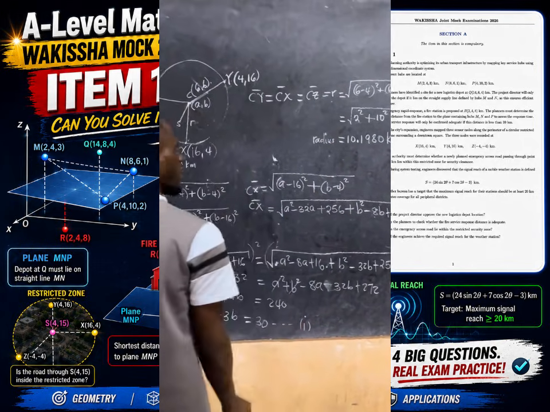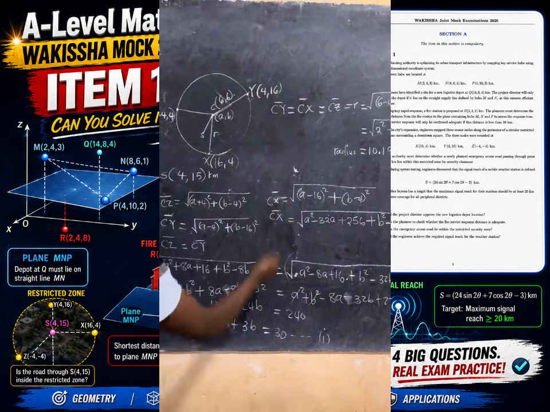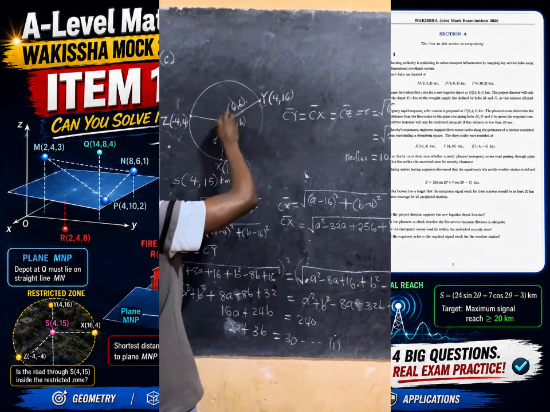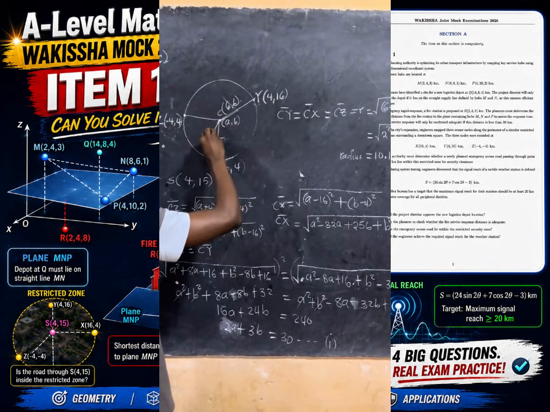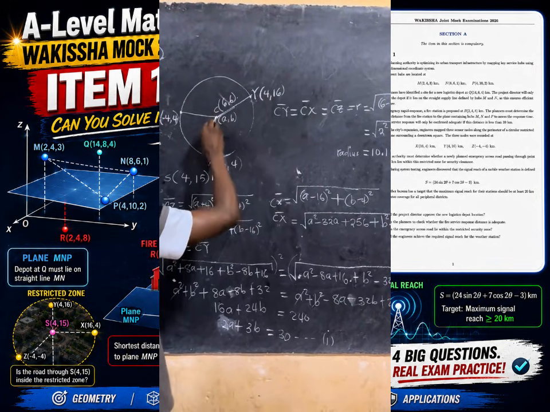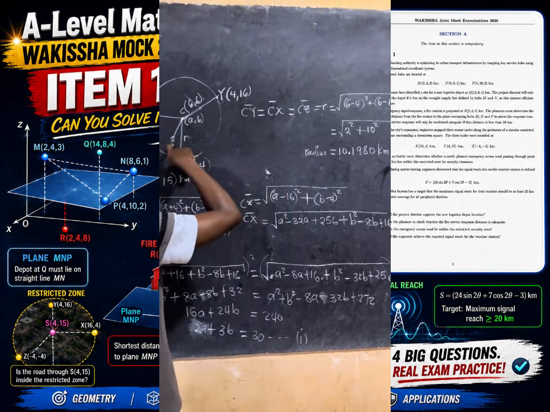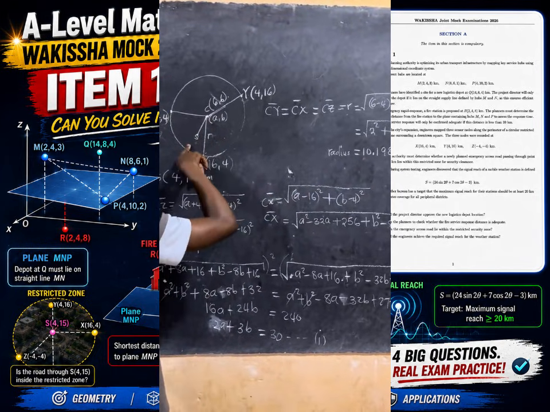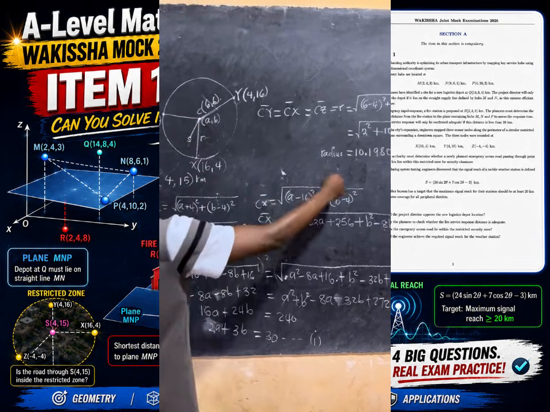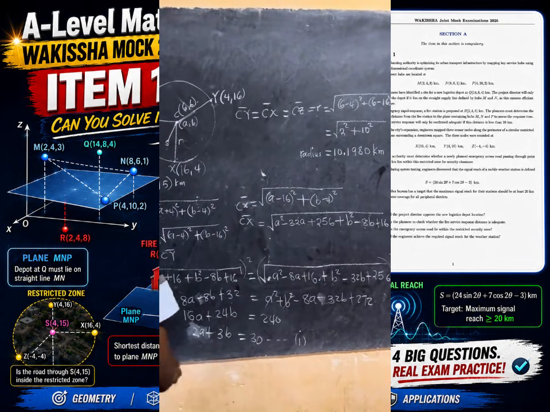Now we are remaining with the testing to see if the distance from here up to point S is less than this, it means that this access road is in the restricted region. If it is greater than this, it means that it is outside.